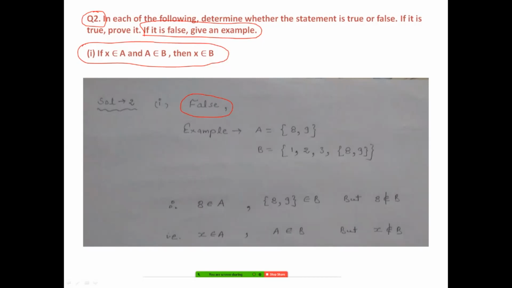So here, 8 belongs to A, that is x belongs to A. Also {8, 9} is one element in set B. And {8, 9} means this is the whole set A.